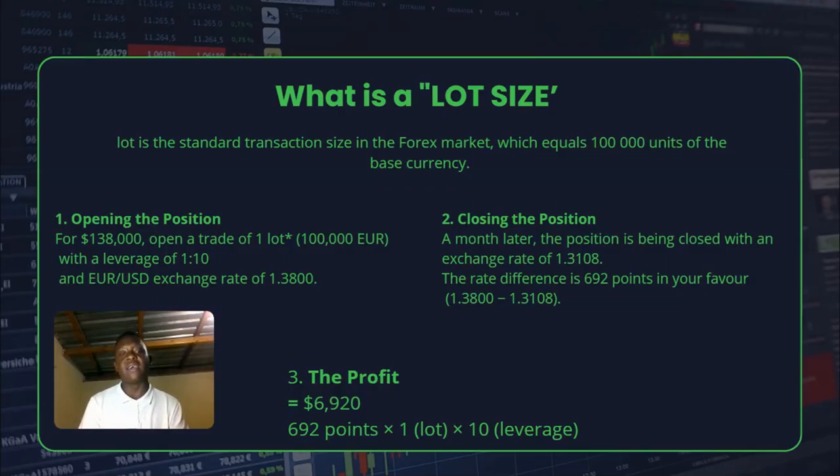A month later, the position is closed at an exchange rate of 1.3108. The rate difference is 692 points in your favor. So the profit is going to be $6,920. Smaller lot sizes are recommended for beginners because they help reduce risk.